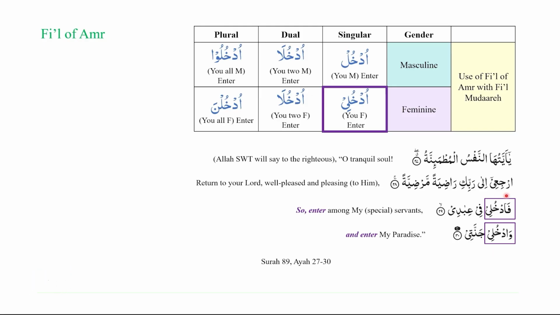Fadkhuli equals fa plus udkhuli, and wadkhuli equals this waw with a zabar on it plus udkhuli. And because we are reading both examples in continuation, the harkat on hamzatul wasl will be removed. So enter. Allah subhanahu wa ta'ala is ordering the nafs or the soul to enter. And we know that nafs is feminine in gender, so we will use the fi'il mudari that is singular and feminine.